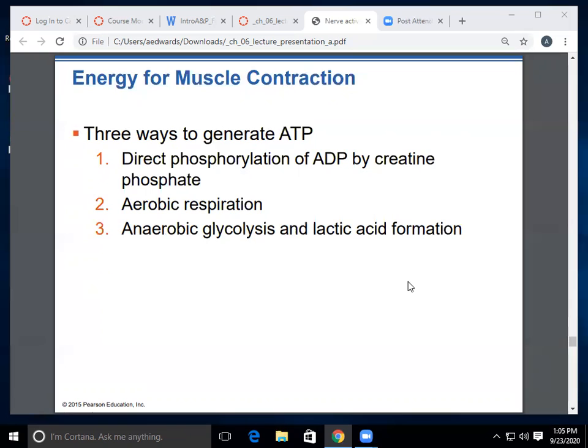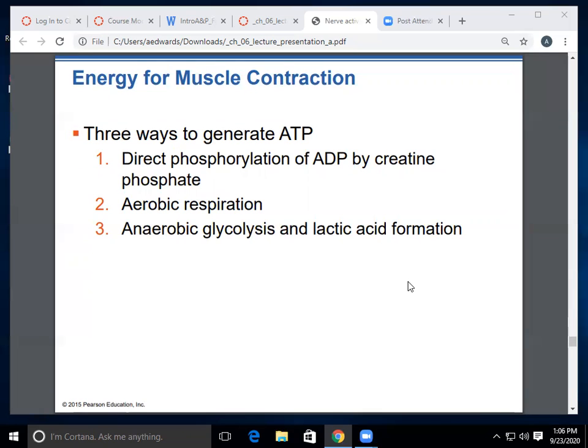You also have aerobic respiration, where aerobic means needs oxygen. You think respiration, you think breathing. Breathing provides oxygen so that you can create ATP, and here we're talking about the chemical reactions that lead to making ATP that involve oxygen.